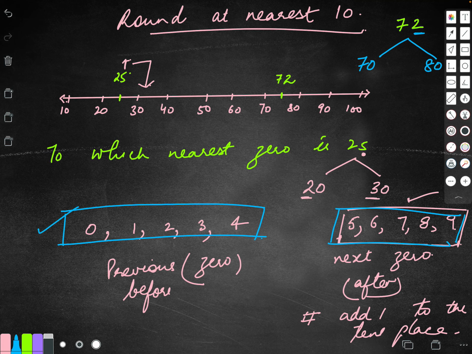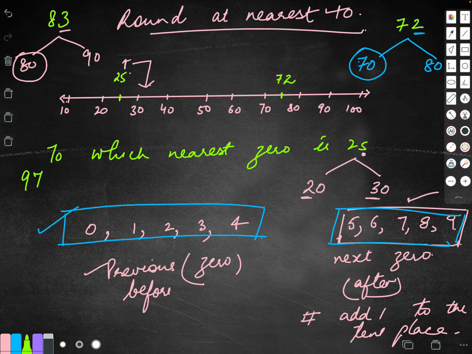So this is in the previous box, so it will be rounded to 70. I take one more example here. 83, I have to round it to the nearest 10. I will look at the ones place, check it, which box, previous box, it will be rounded to 80 or 90, one of the two, it will be rounded to 80.